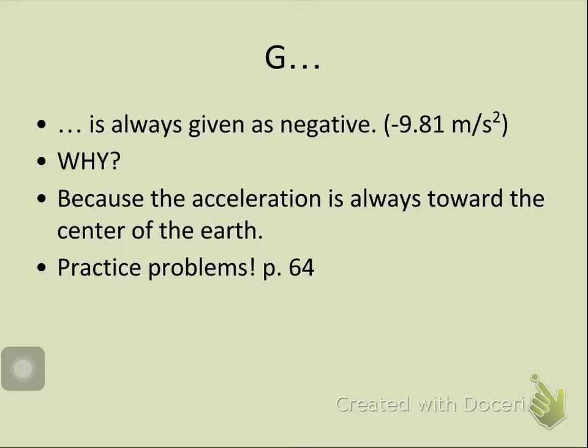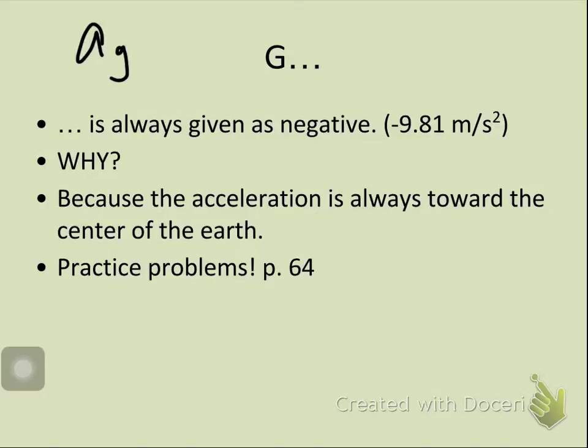The other one is how they handle gravity. So when we're talking about acceleration due to gravity, and you will sometimes see that written as a sub g, it's negative because it's down towards the center of the Earth.